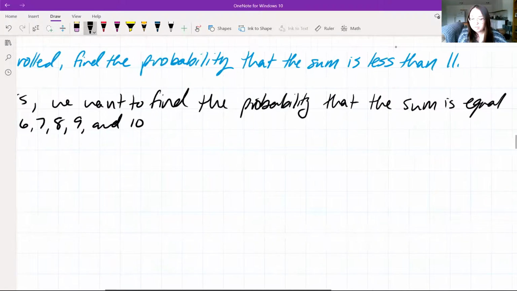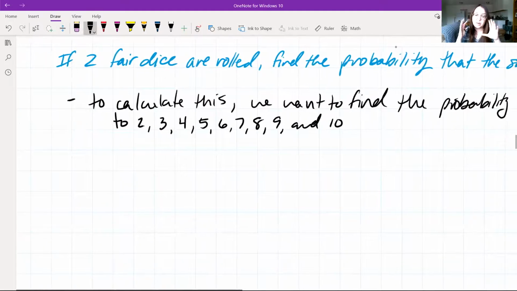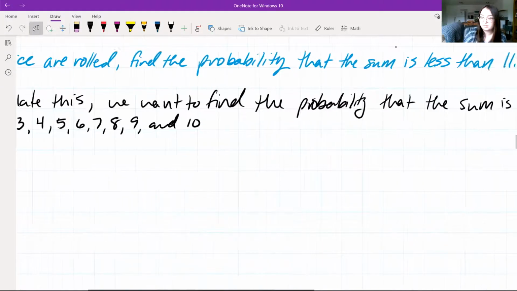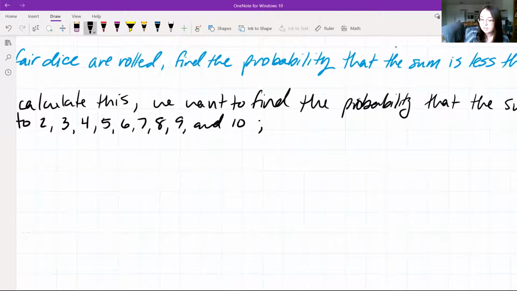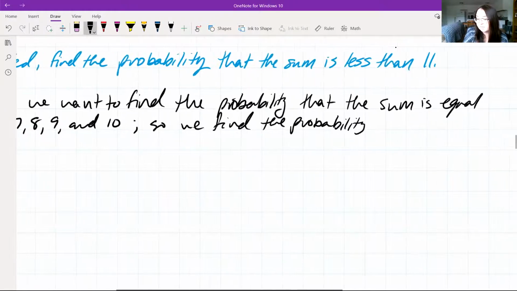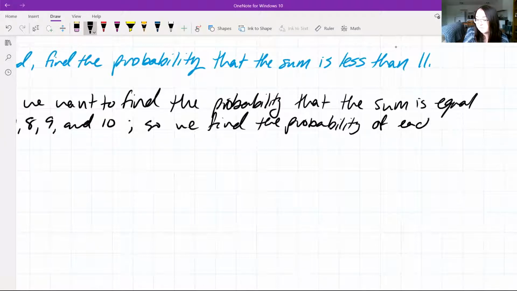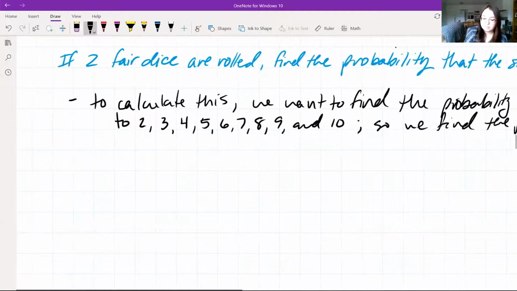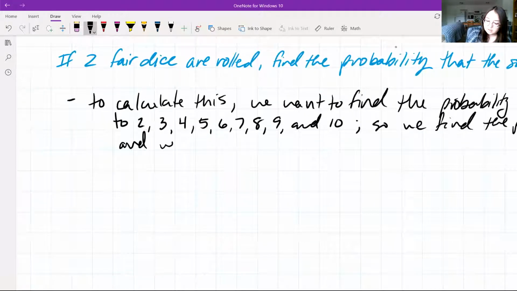If we want to find the probability that the sum is equal to any one of these numbers, we find the probability of each outcome, and we can add them together.